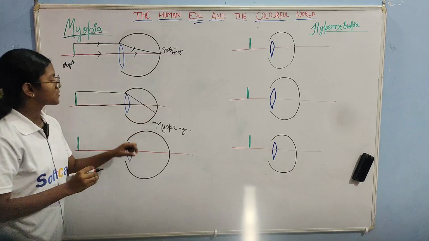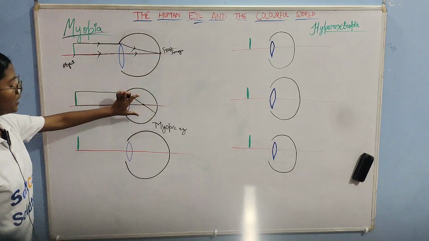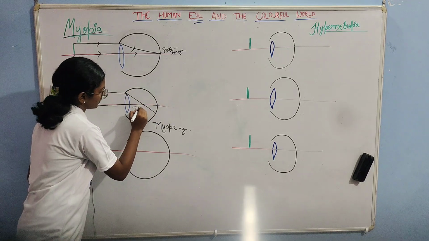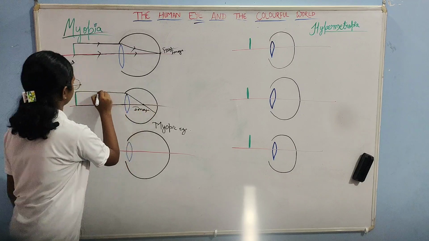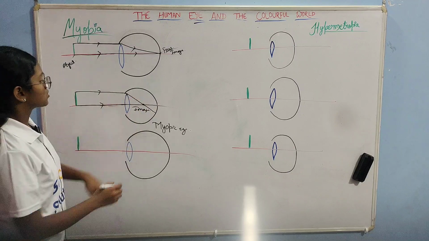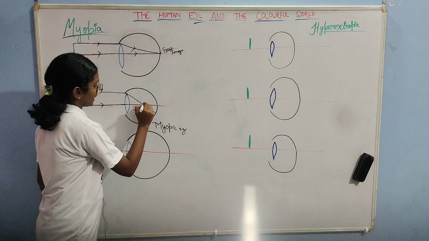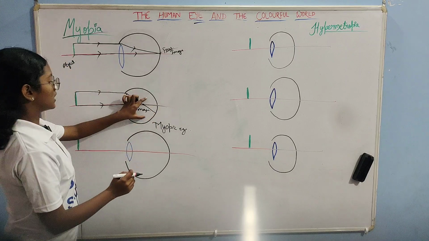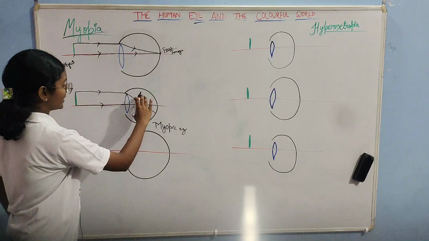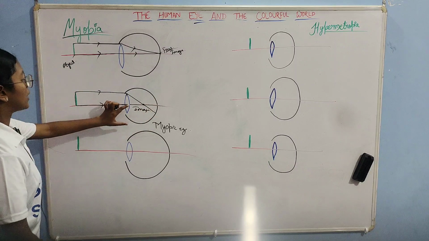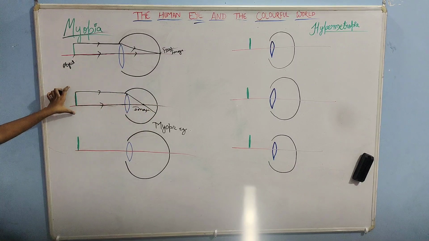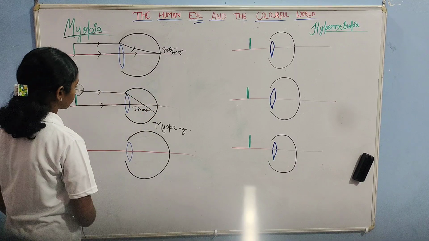So the image is forming before the retina. The image is not forming on the retina, it is forming here before the retina. That is the reason why a myopic eye can't see a far object clearly.